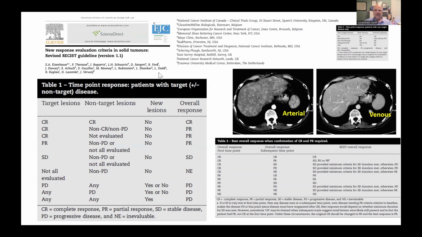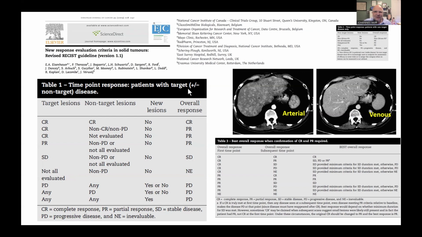Here you see the original tables from the paper. The core of that publication is often considered table number 1. It describes how the information from multiple tumor lesions, various locations of tumors and metastases in the same patient's body are put together, condensed to information about one response category at one time point, the so-called time point response.